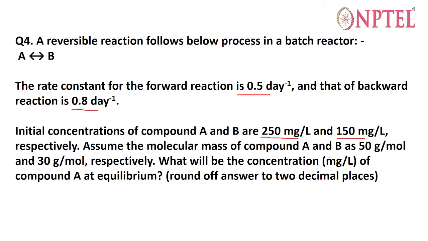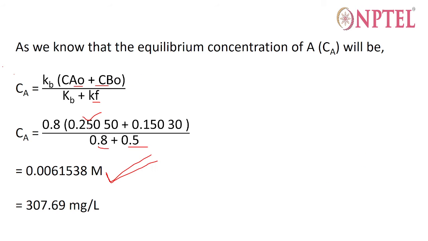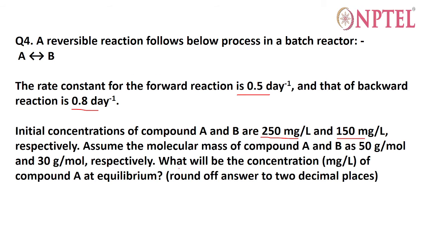Did I miss anything? Oh, yeah. I think I have missed one thing here while typing this. Please note it down and do it by yourself: you have to convert this into molar first, and then do this calculation and then again convert it to mg per liter, because you want the answer in mg per liter.